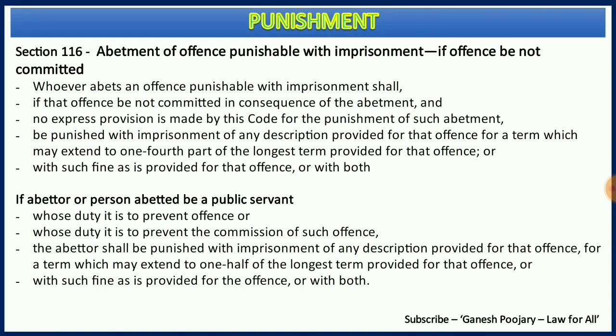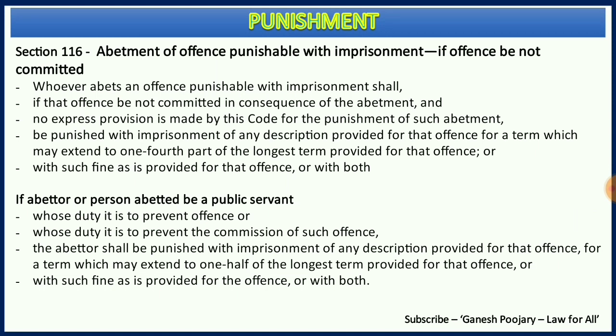The section further continues with the presence of a public servant. Now, if the abetter or the person who is getting abetted, any one of them, is a public servant who has the duty to prevent the commission of such offense, he may be an abetter or maybe the person who is getting abetted.